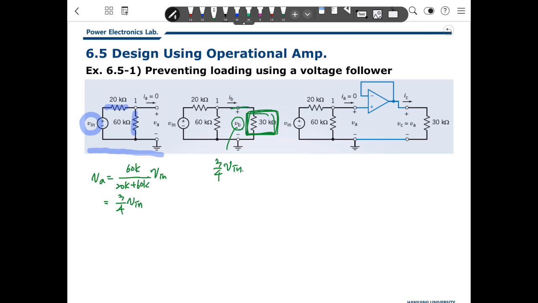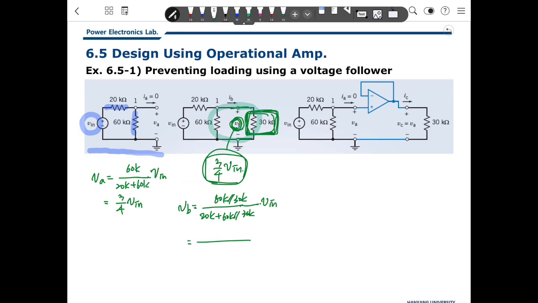But after connecting this circuit, VB is not that value. Because over here VB is across the resistor bank, so VB is 60 kilo parallel 30 kilo over 20 kilo plus 60 kilo parallel 30 kilo, times V in.